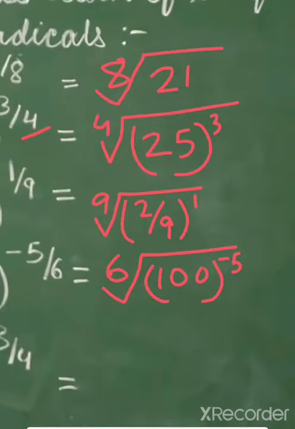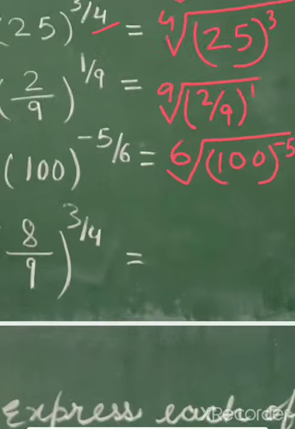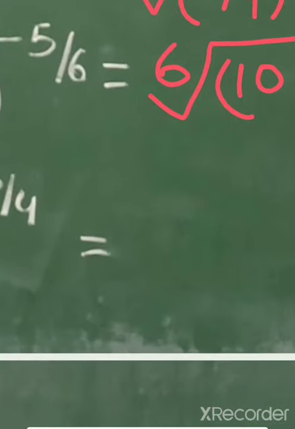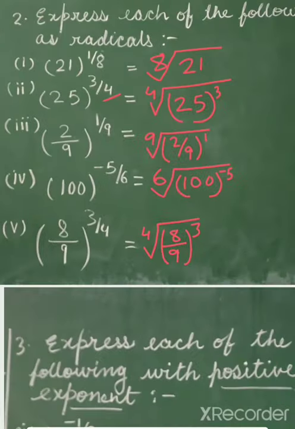And then we have the next one, 8 by 9 to the power 3 by 4. So we write fourth root of 8 by 9 cube. So we write down here, fourth root of 8 by 9 to the power 3. So this is the whole answer. We have written exponential form into radical form.